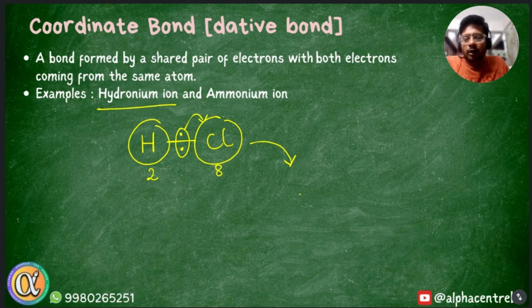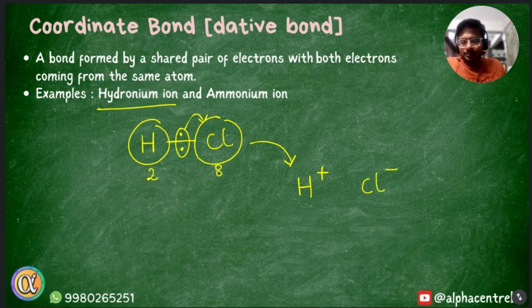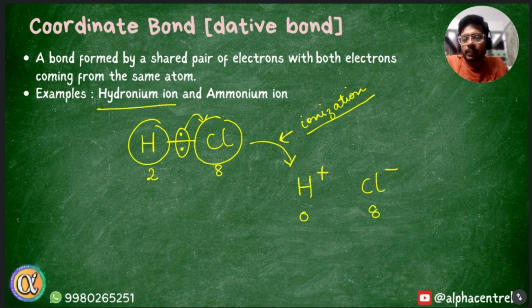So from a covalent compound, it turns into an ionic compound. So this hydrogen completely loses its electron to chlorine. So hydrogen becomes plus one charge and chlorine becomes minus one charge. This is a very important process and it is called ionization. This way chlorine now still has 8, but hydrogen, poor H plus, has how many? 0. Then how can it have a charge if it's zero? It has a charge because it does not have an electron.